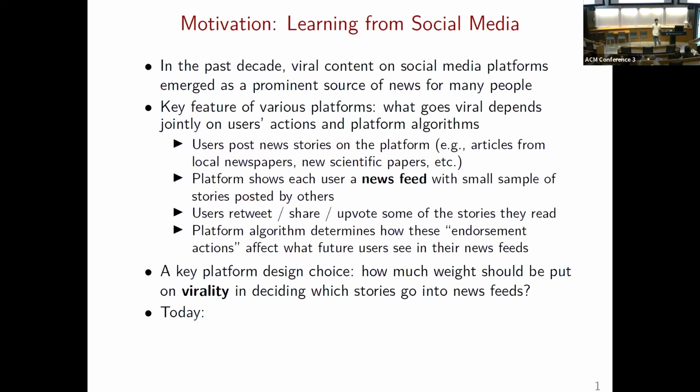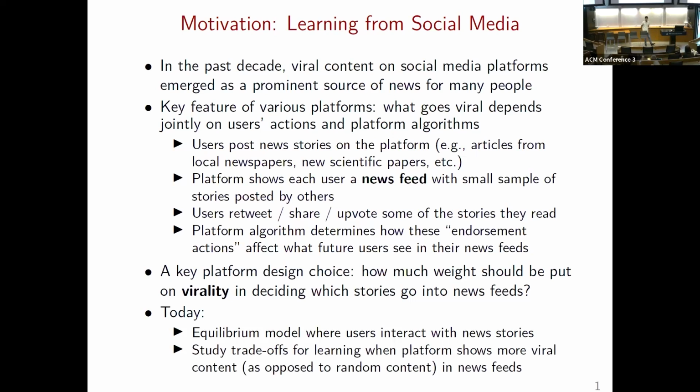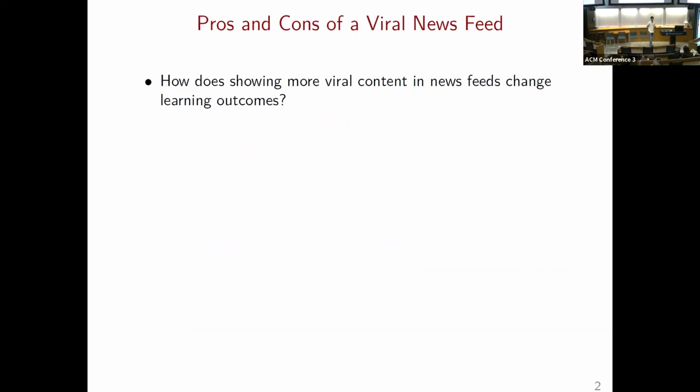So what I'm going to tell you about today is an equilibrium model where users are interacting with and sharing news feeds, and where we're going to look at some trade-offs for learning between showing more viral content versus more random or unbiased content in news feeds. Before I get into the model, let me give an overview of the main trade-off that we're going to find. And then I'll tell you about how we formalize that and some of the details on it.